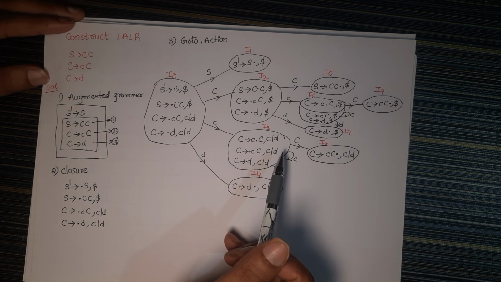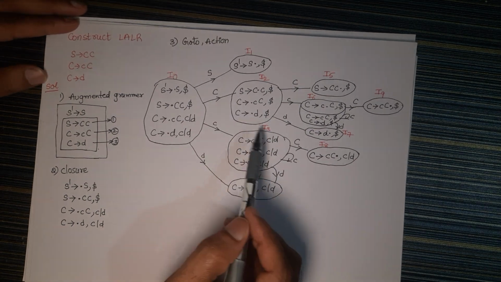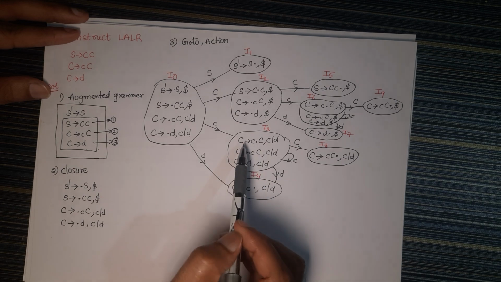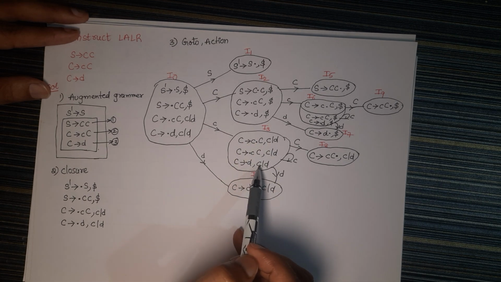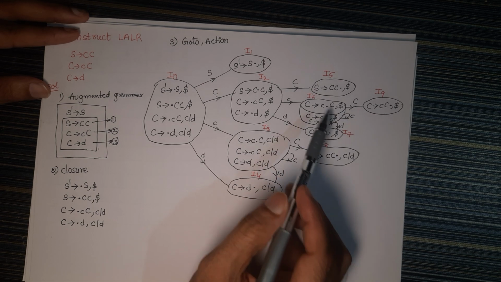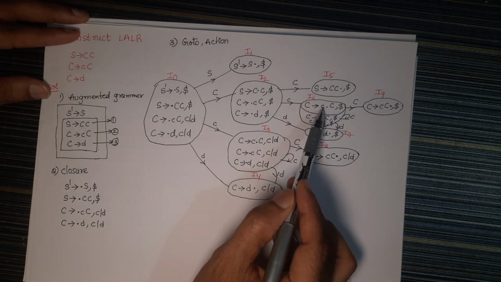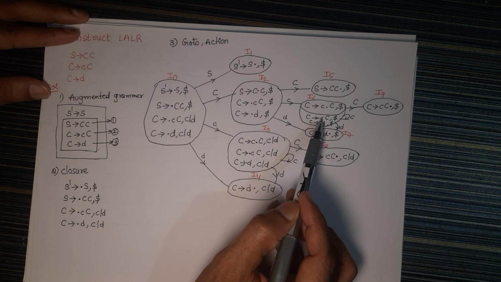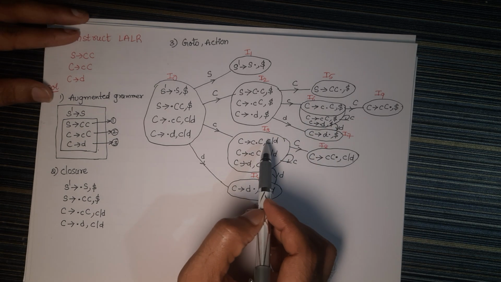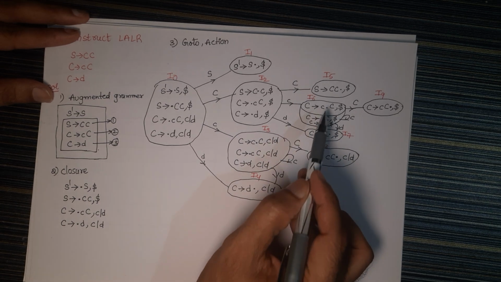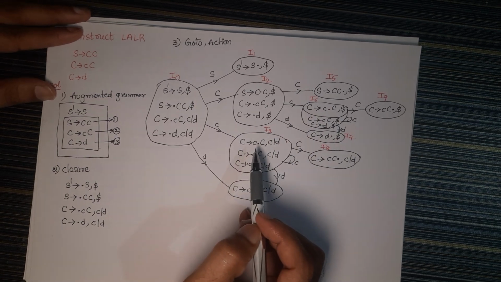Now if you see I3, what is the value of I3? C tends to C dot C, C tends to dot C, C tends to dot D, with look ahead C by D. As well as I6. The I6 value is C tends to C dot C, C tends to dot C, C tends to dot D, with look ahead dollar.